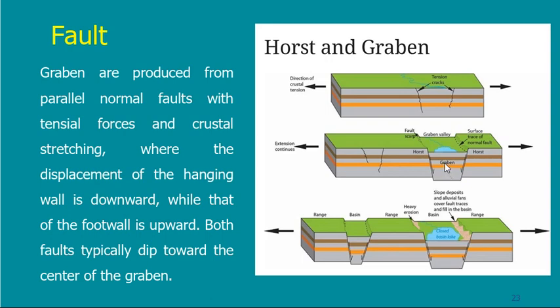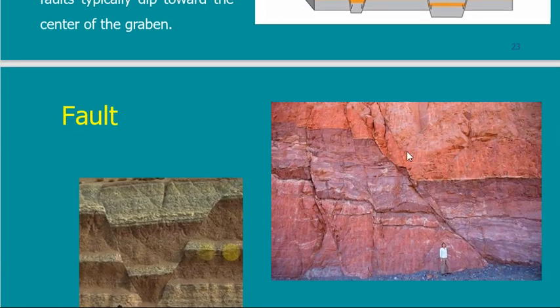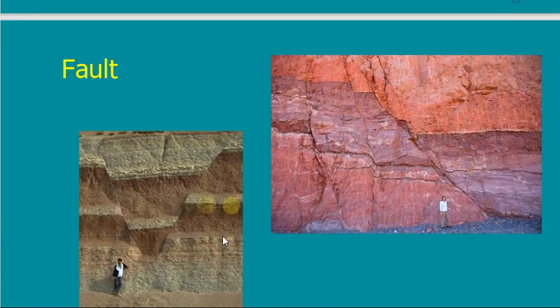So you have to know this because sometimes at this graben you find water coming and filling this place, and it starts to be the start of a river or the start of a sea. So these are photos of faults in normal life. You have to imagine these.